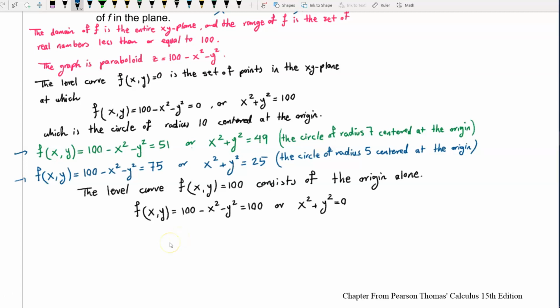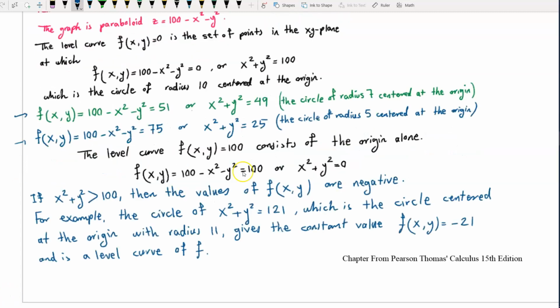And the level curve f of x, y equal to 100 consists of the origin alone, because here we have f of x, y equal to 100 minus x squared minus y squared equal to 100, or x squared plus y squared equal to 0. And if x squared plus y squared is greater than 100, then the values of f of x, y are negative.